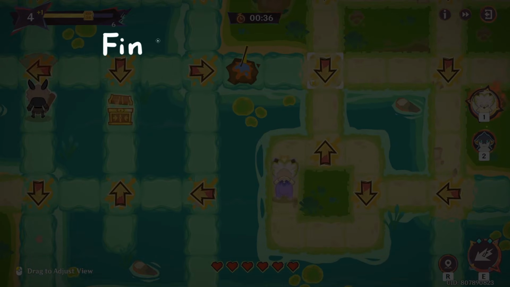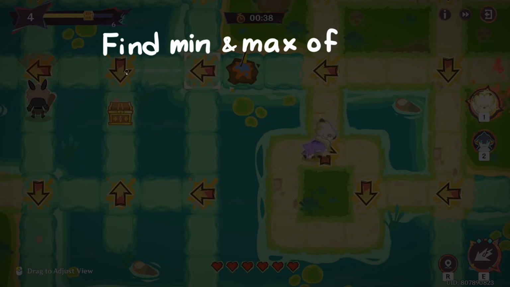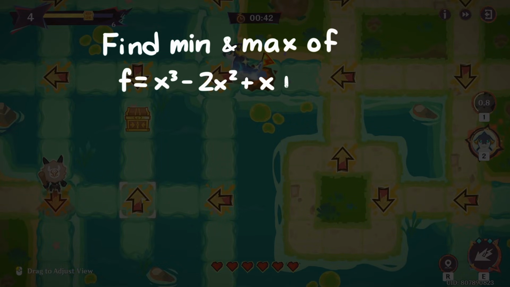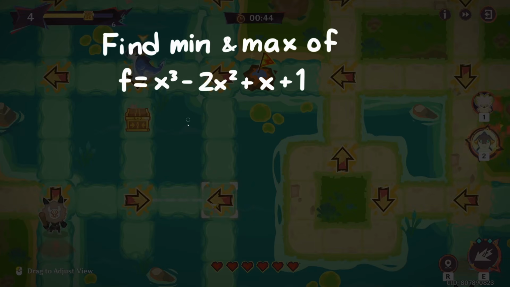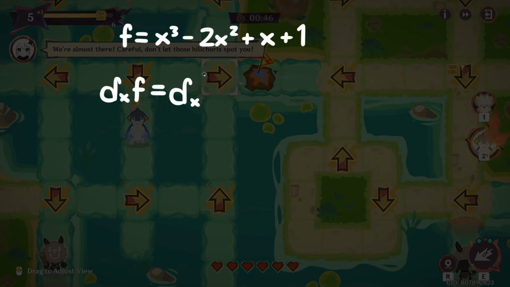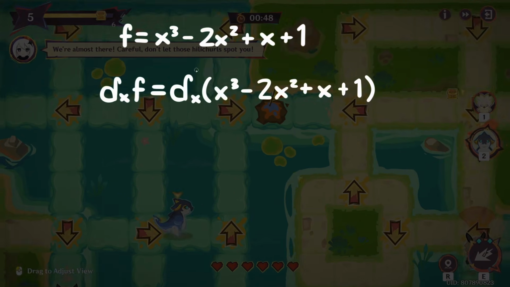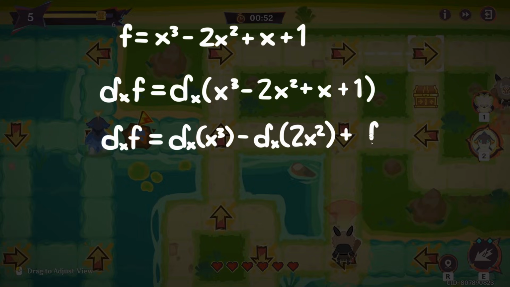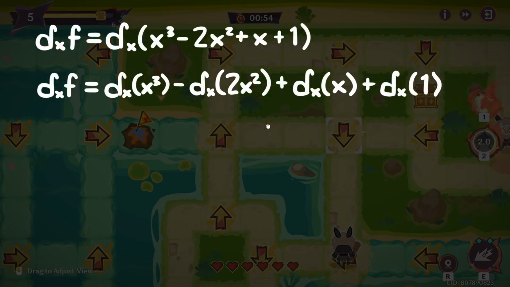Let's try an example. Find the maximums or minimums of the function x cubed minus 2x squared plus x plus 1. So first, we need to calculate the first derivative. You can distribute the derivative, then we have a derivative of a constant, so that cancels out to 0, and the rest we can just use the power rule.